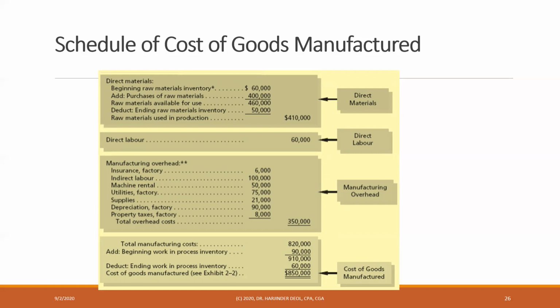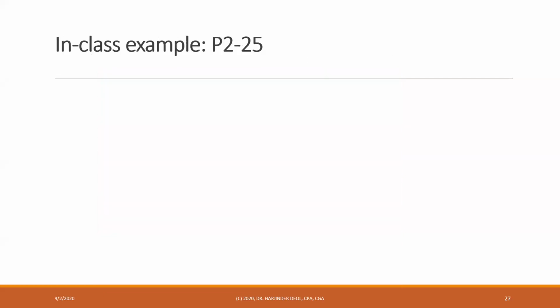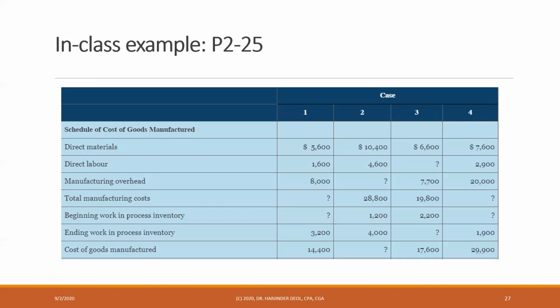Here's a little numerical example to look at. Problem 2-25. Now you're given 4 cases. It's a summarized schedule of goods manufactured.